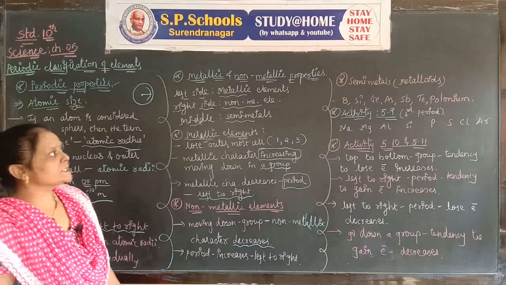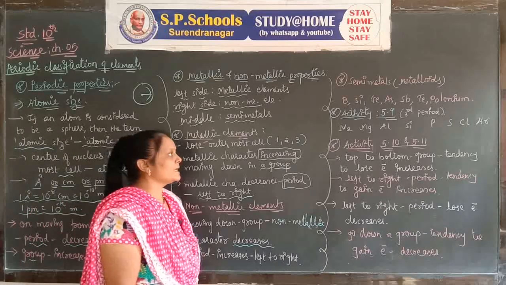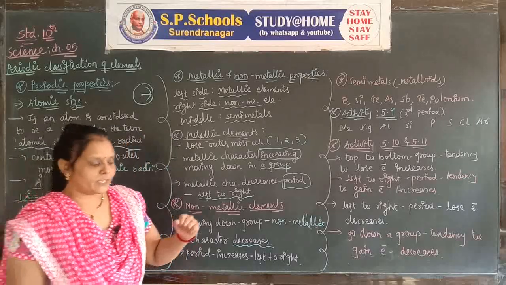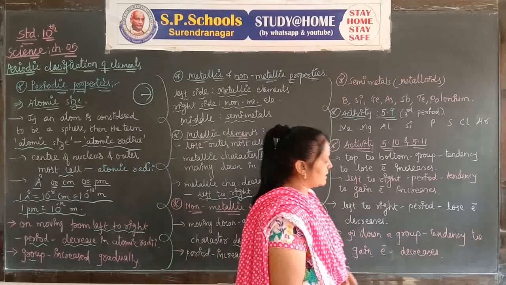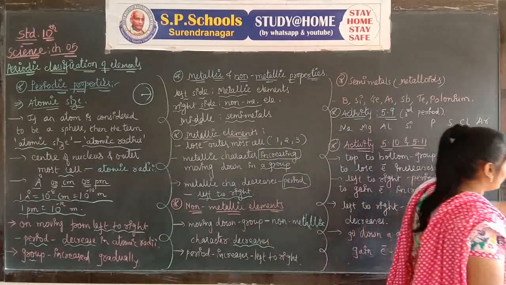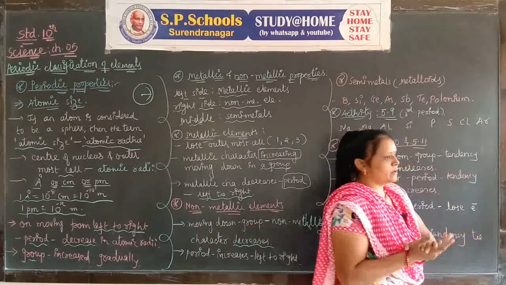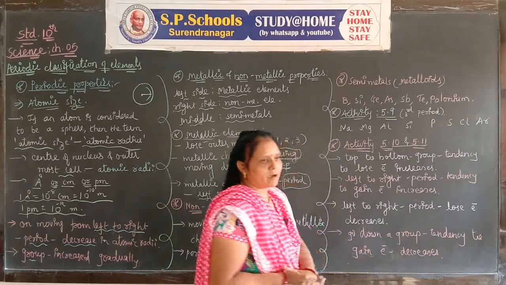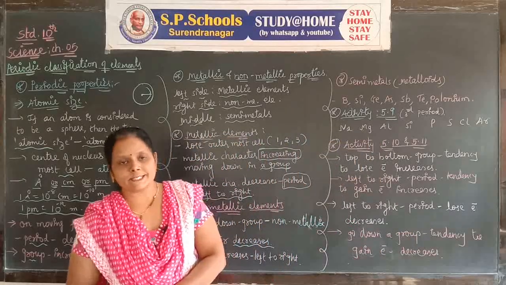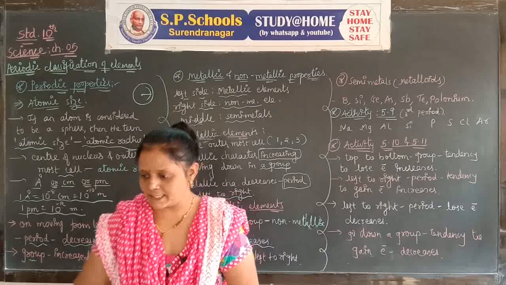Let's see about semi-metals, metalloids. Here we can see in the modern periodic table, the semi-metals occur on the edges of the zigzag line.